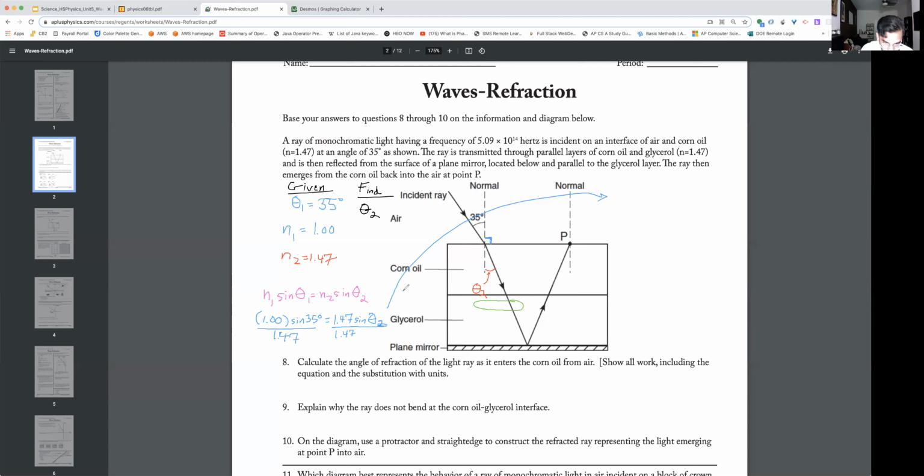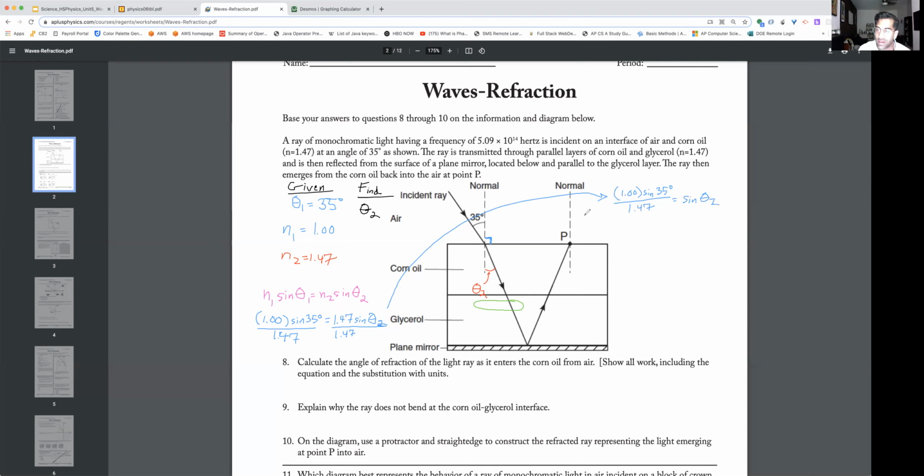So I have this over here. Now when I move it over here, I'm going to have 1.00 times the sine of 35 all over 1.47, and that's equal to the sine of theta 2.